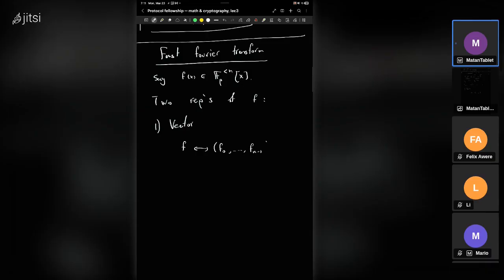Maybe some of the coefficients, maybe Fn minus 1, is 0 and so on. I don't care. So this lives in Fp to the n, the Cartesian product of Fp with itself.